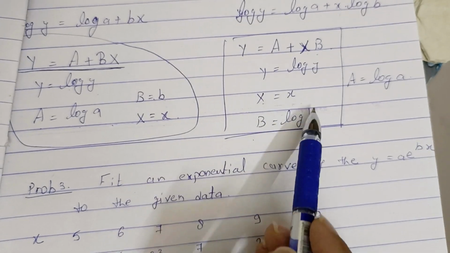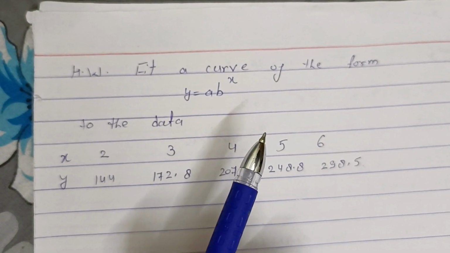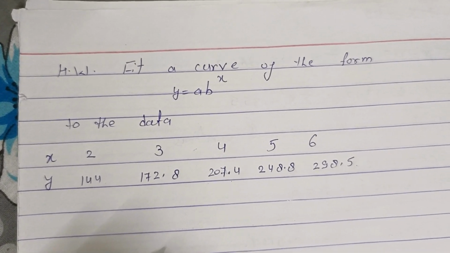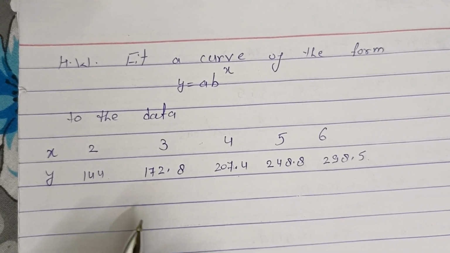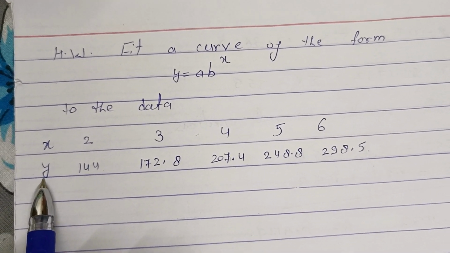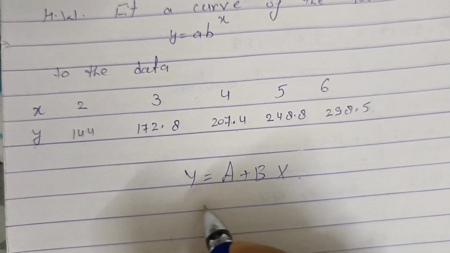So you just need to use this data. Here is your homework problem. Fit a curve of the form y is equal to a b to the power x to the data. This data is given, small x and small y are given. Now, using capital Y is equal to a plus bx, just fit the data.